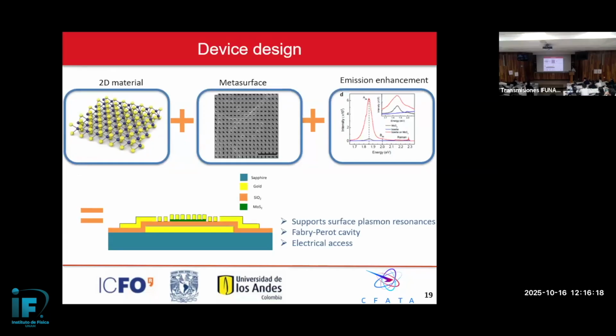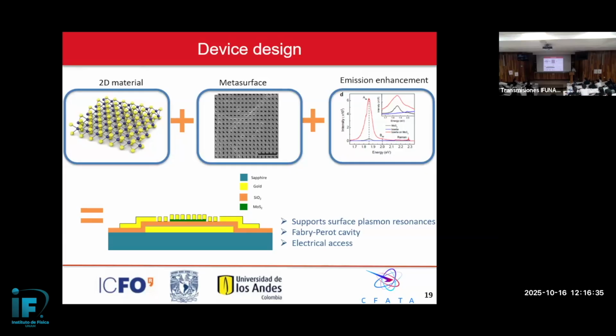This is the cartoon of our device. We have the substrate, then a gold mirror separated by an insulator, our 2D material, and metallic stripes on top of them.